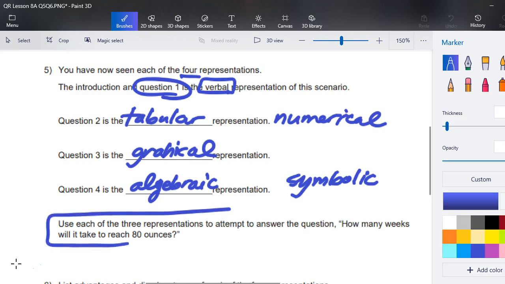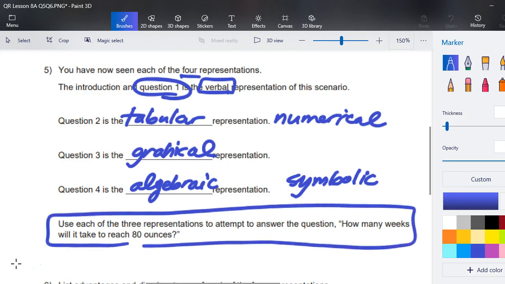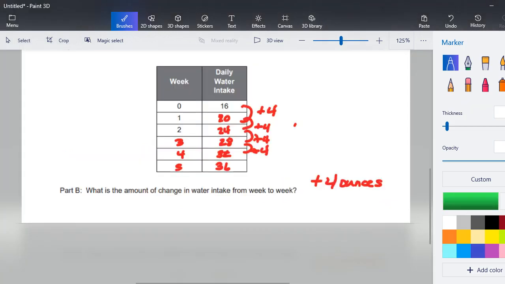Use each of the 3 representations to attempt to answer the question, how many weeks will it take to reach 80 ounces? So I'm going to bounce back to all 3 of them, starting with question 2, tabular, looking for 80 ounces. So to use tabular, we're going to have to keep going on our weeks, and going on our weeks.